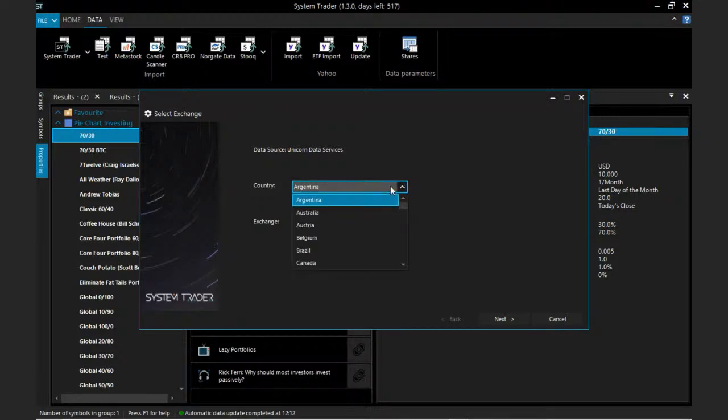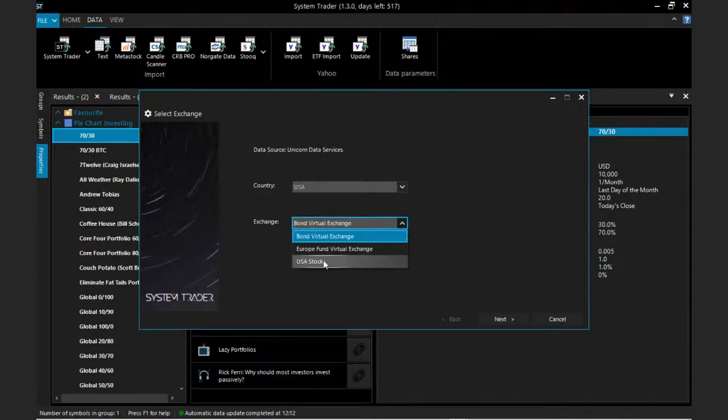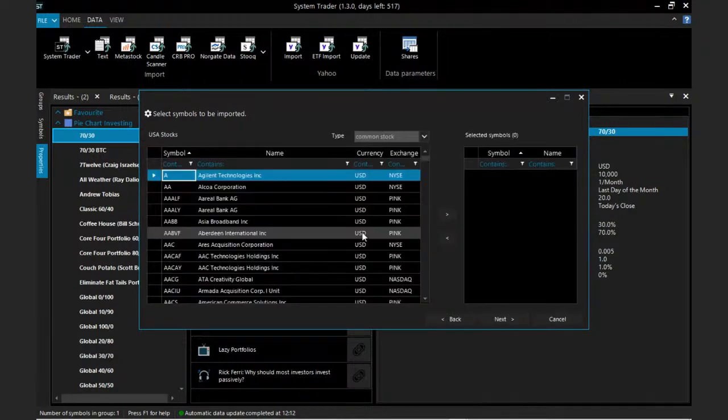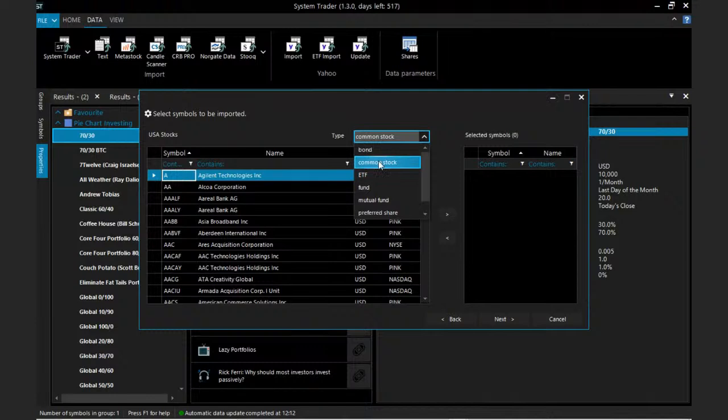And for example, let's go to USA, and USA stocks. If you press next, then you can either import stocks, or you can import ETFs, or you can import mutual funds. So really, it's a lot of data in it, and you can import it.